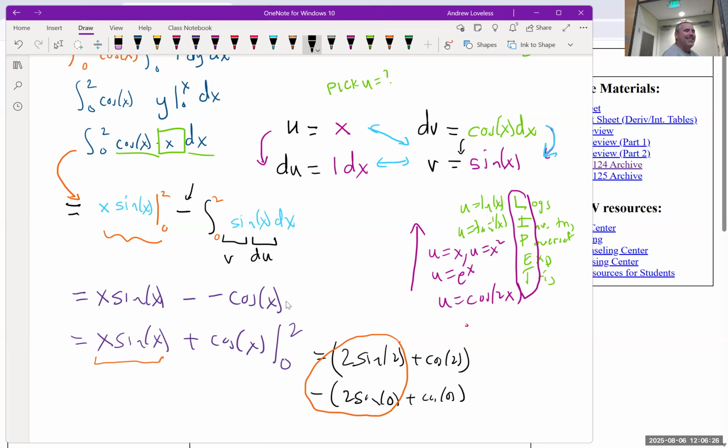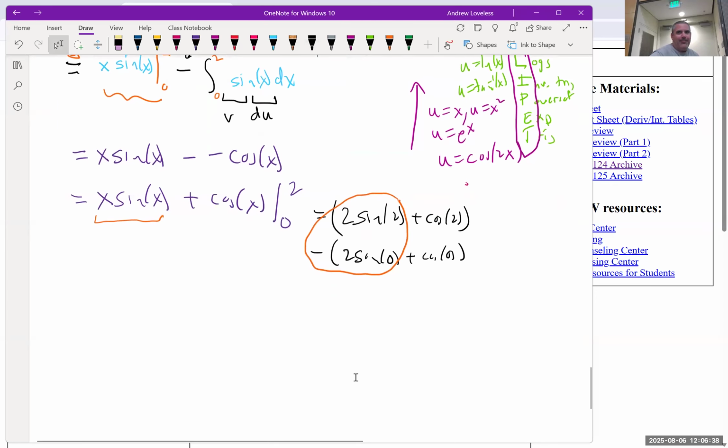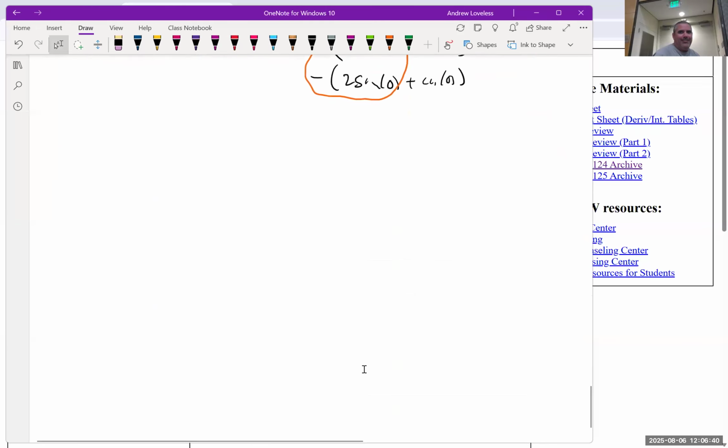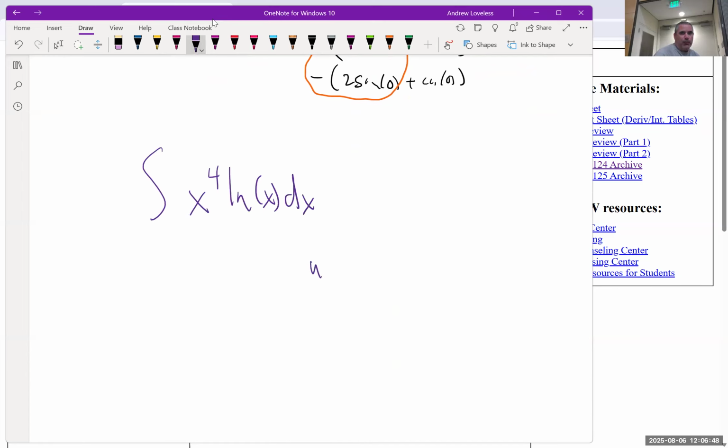Powers of X. There are all sorts of acronyms like this. You would pretty much always like u to be X, because when you take the derivative, it gets simpler. But with something like this, first, it's not obvious that by parts is what we want to do.